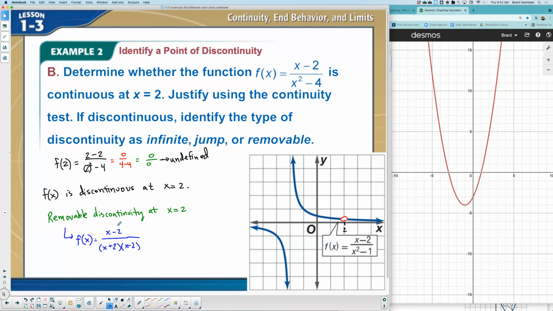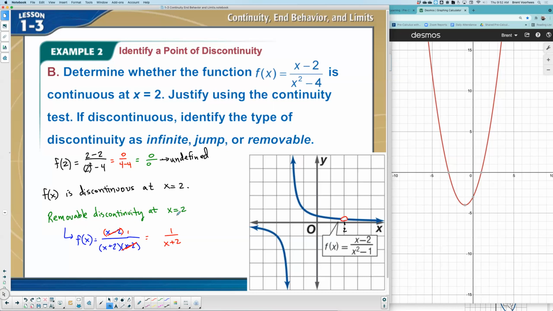That's how it factors. What could I do with these factors? Are you allowed to cancel factors? Yes. What do you notice about my factors here? x minus 2. They can cancel or simplify, which means this could be simplified to be 1 over x plus 2. This right there is the removable discontinuity.